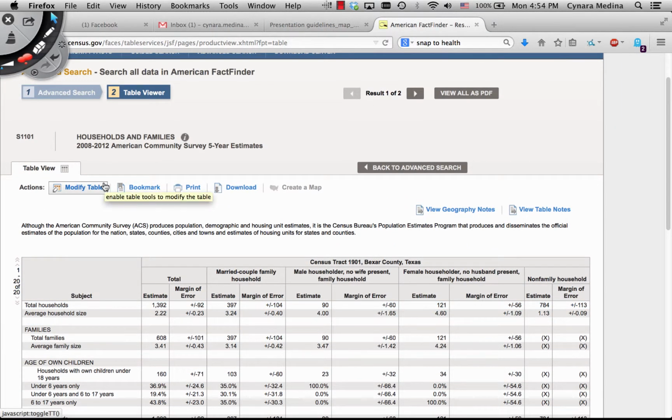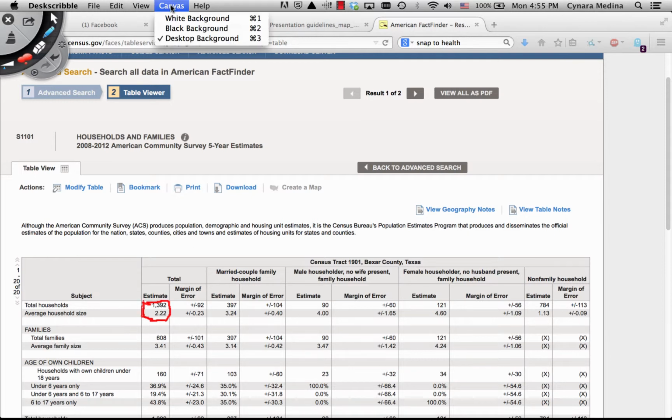So these first two lines here, this is the data that you need for that part of the assignment. So once you have that, just write it down somewhere. That's what I'm gonna do right now.